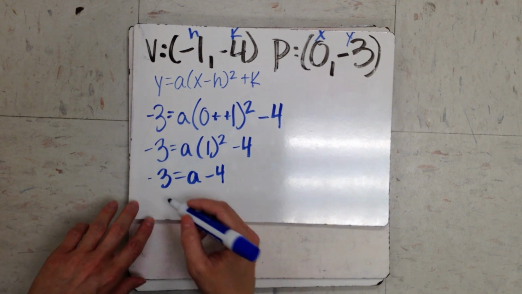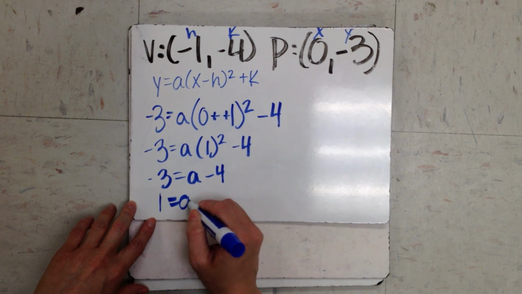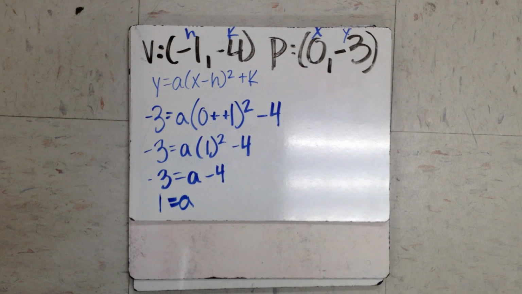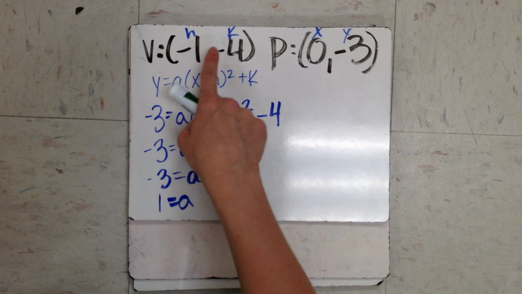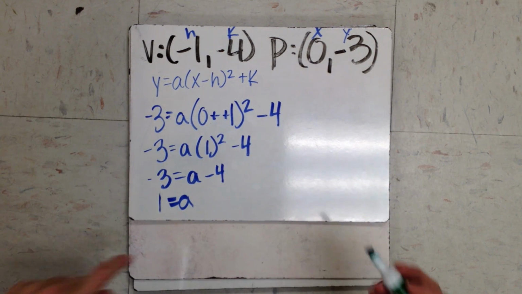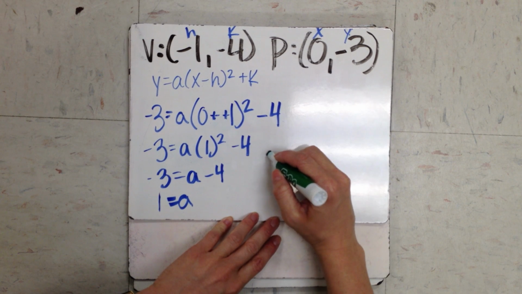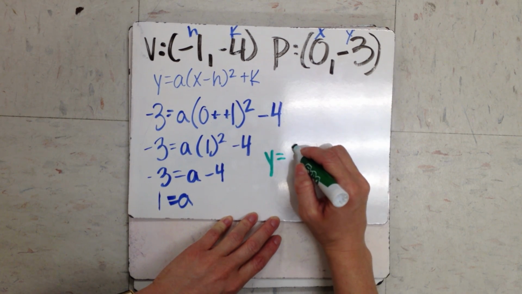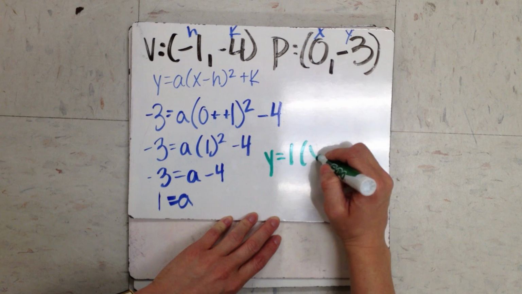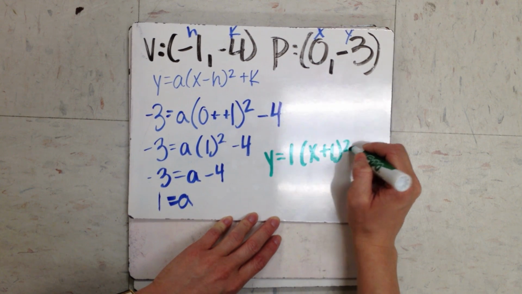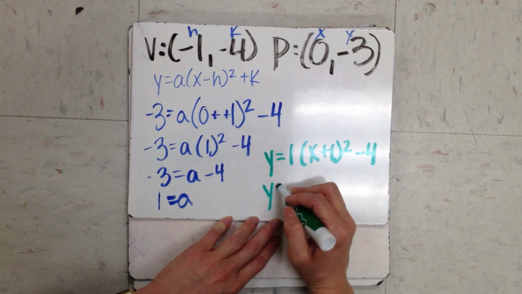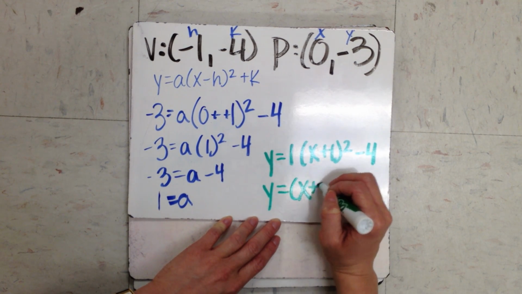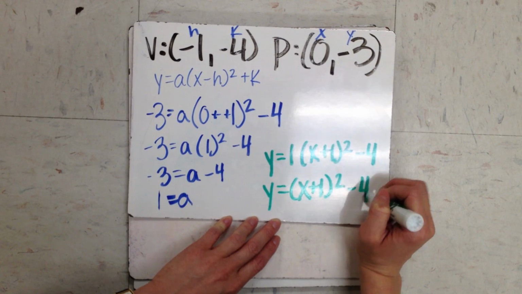Add 4 to both sides, and you'll get an a value of 1. Then to write the equation in vertex form, we're substituting 1 for a, -1 for h, -4 for k. So that will give us the equation y equals 1 times (x plus 1) squared minus 4. Now since a is 1, I can really write this as y equals (x plus 1) squared minus 4.